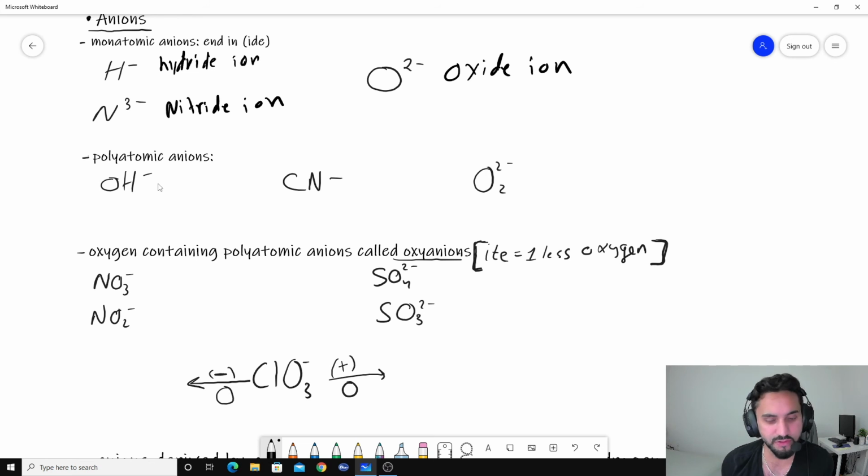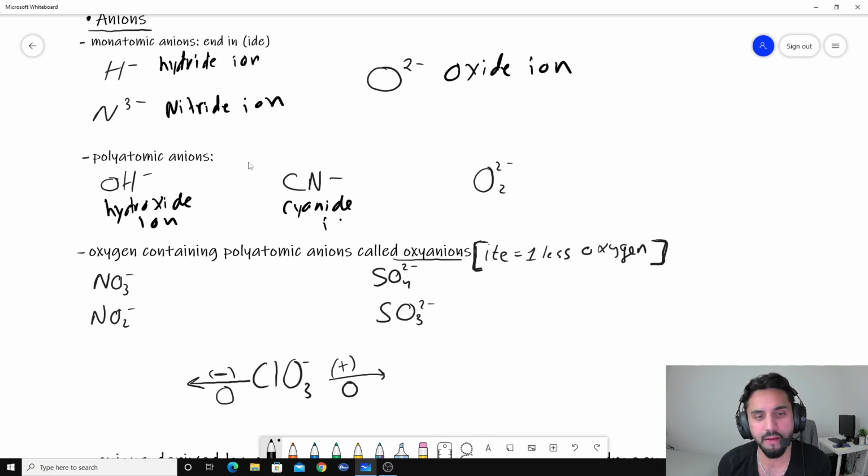Just notice that. So this is a hydroxide ion. This is a carbon and nitrogen making up this molecule. We call this a cyanide ion.